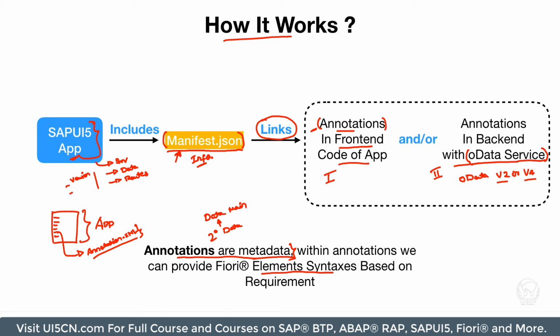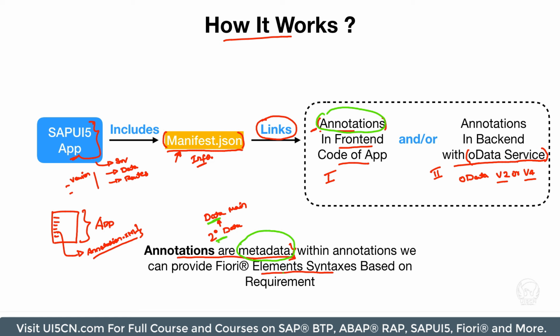Technically, this is the level 1 step to understand how a Fiori element app actually works. If you are new to all these topics, one of the key takeaways is, first, annotations. Remember that there is something called annotations, and these annotations are nothing but metadata, which is data about the data.